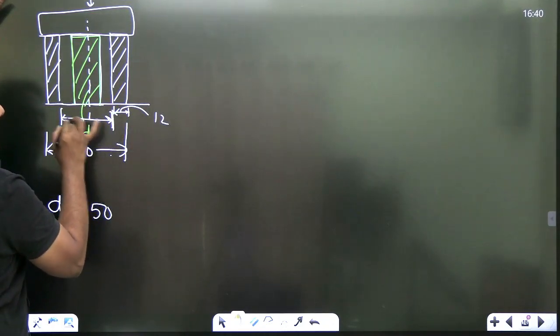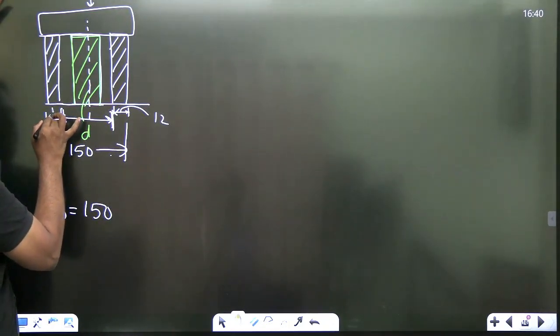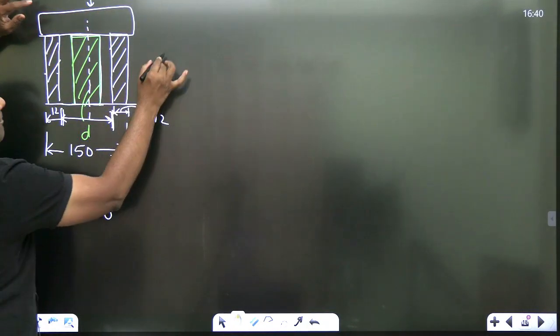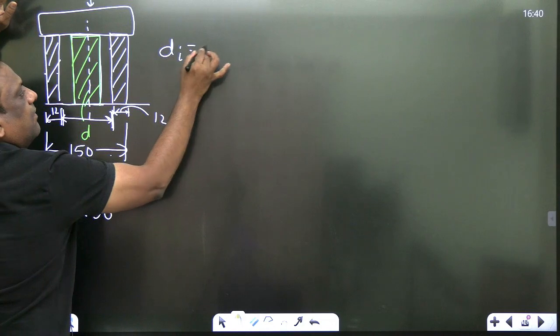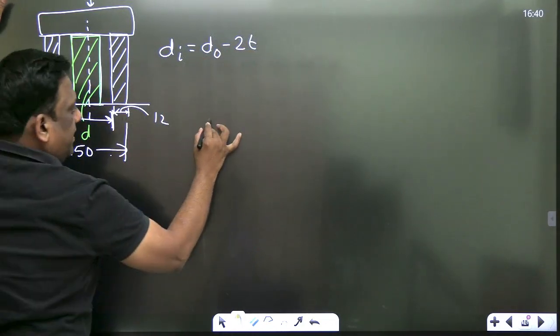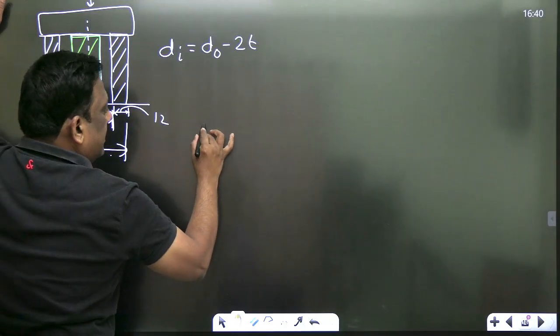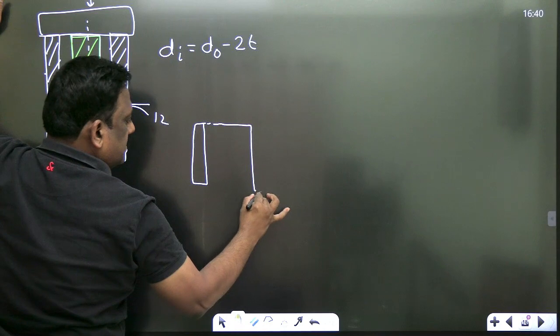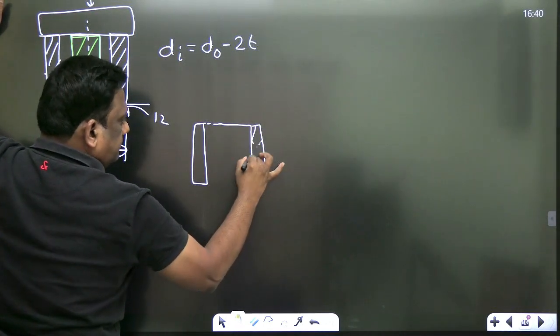So how can I calculate the inner diameter? Subtract 12, this thickness 12, this thickness 12. So the inner diameter will be equal to outer diameter minus 2 times thickness. I repeat, sirs. Let us take only the brass.